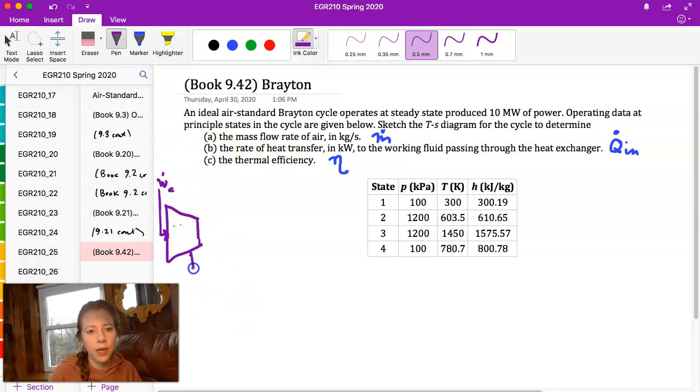And so this would be 1 and 2. And then we're going into a heat exchanger where we have heat going in. All right, and so that's 2 to 3.